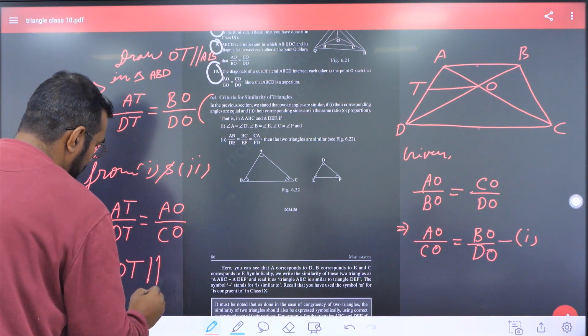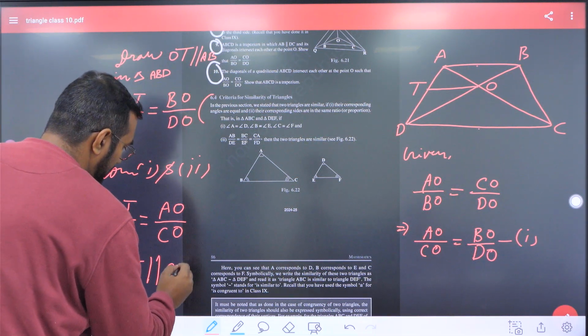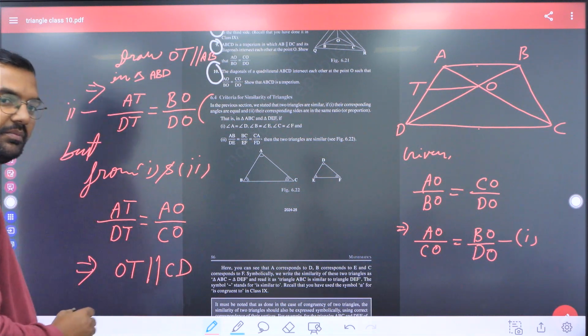This implies OT parallel CD by converse of BPT.